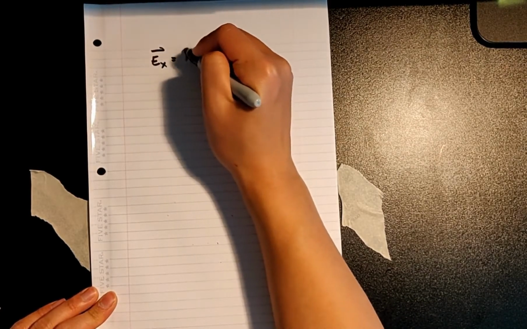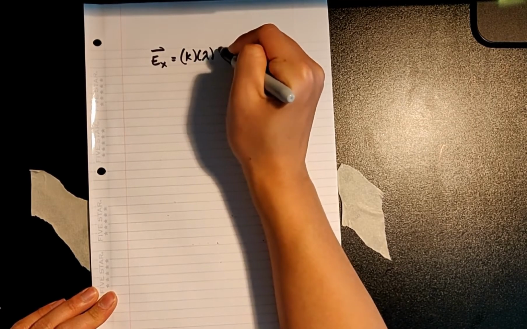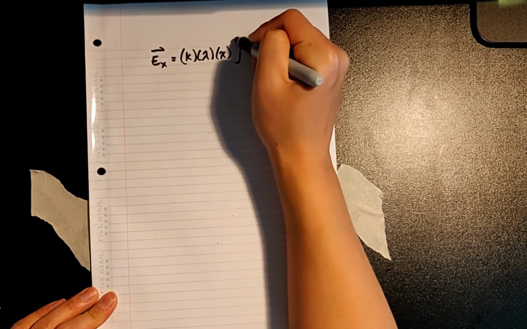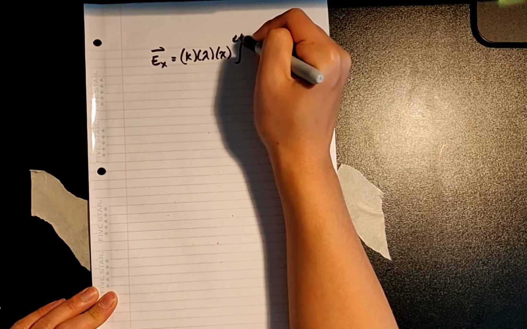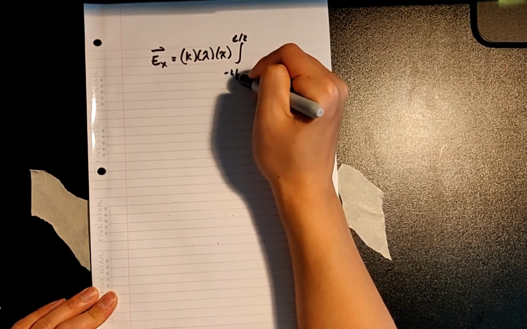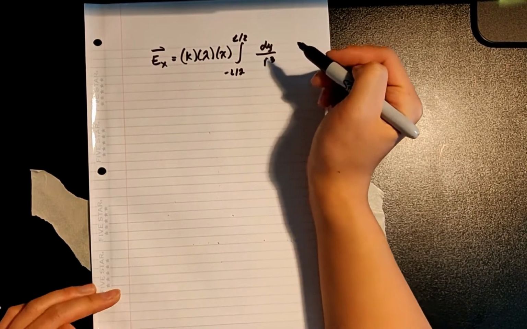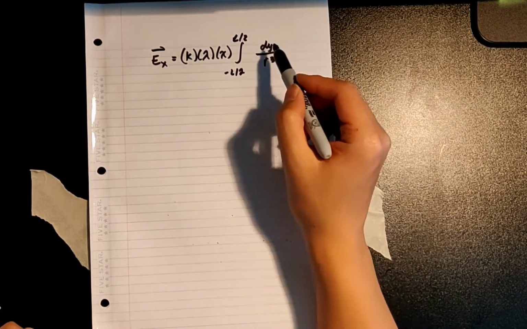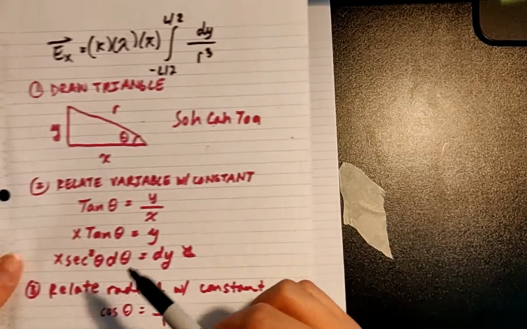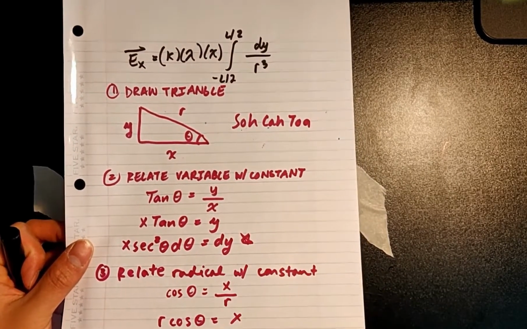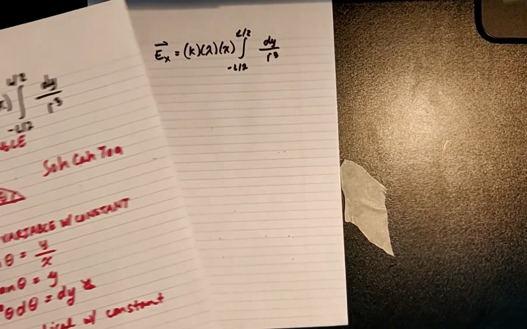So just rewriting the integral. I'm just going to replace our dy with x secant squared theta d theta and our r with x over cosine theta.